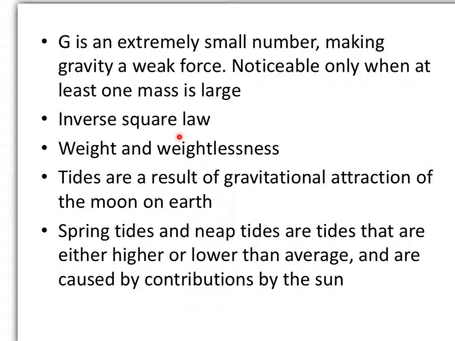Okay, now, gravity is responsible for your weight. So, for example, your weight is really just the gravitational attraction between you and the Earth. But if you don't feel it, that condition is called weightlessness.